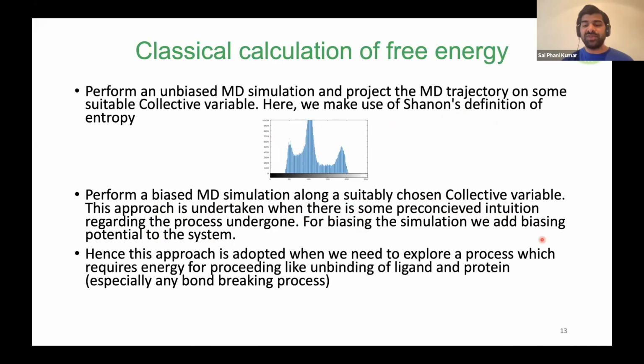For biasing the simulation, we add a biasing potential to the system. This classical approach could be best explained by our co-researcher Dheeraj Dubey, from which we can calculate the free energies and entropies of different covalent bonds.